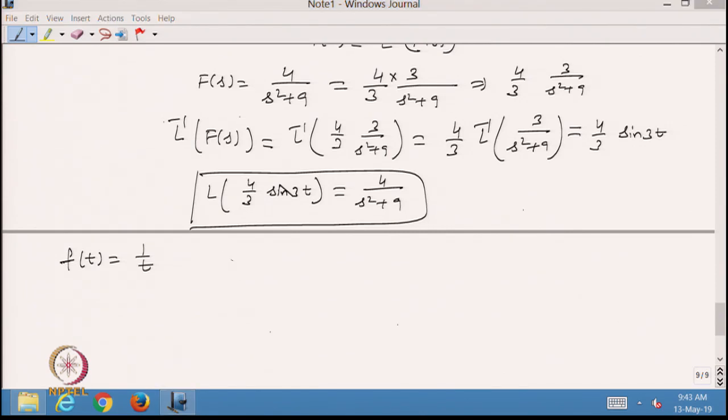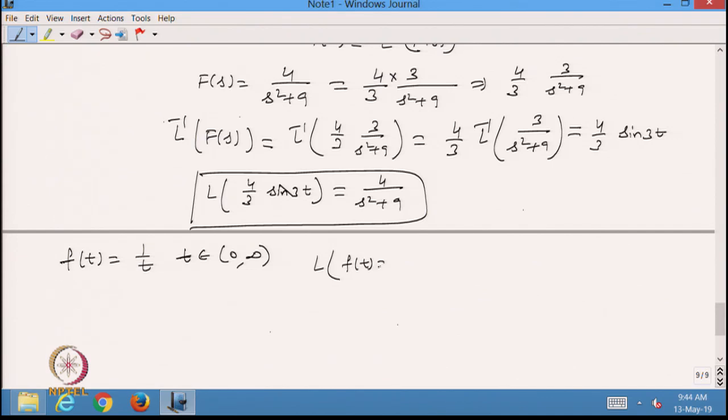In that case, you know that my t belongs to 0 to infinity. This function has an issue: at t equal to 0, its value is infinite. So, this function is undefined at t equal to 0, but we are dealing with integration. So, let us try to find the Laplace of f(t) equal to 1 by t.